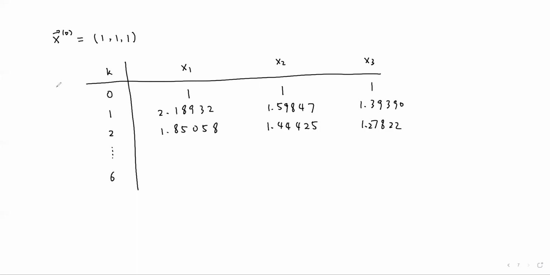Run Newton's method 6 iterations, then we will get a very good approximation to the root: 1.77767, 1.2396, 1.23747.